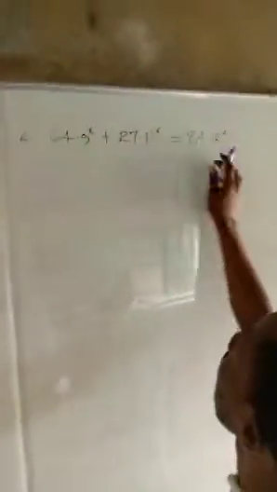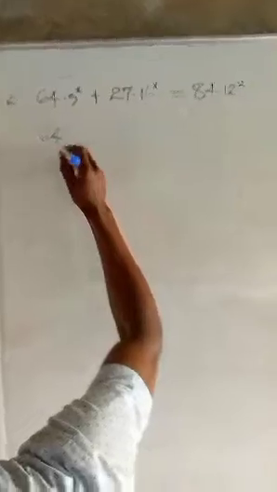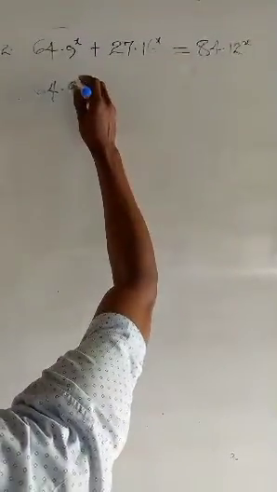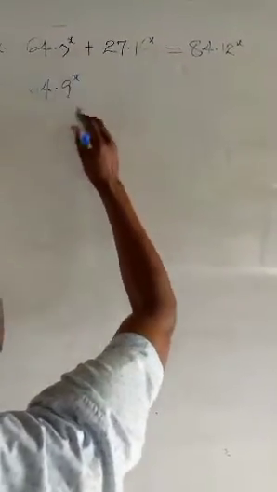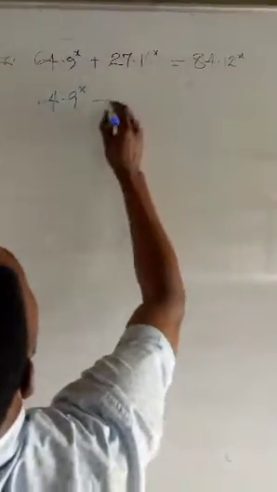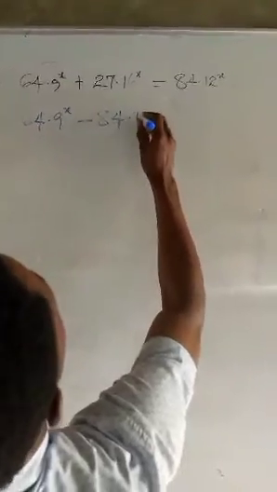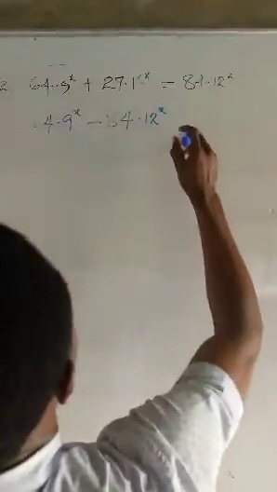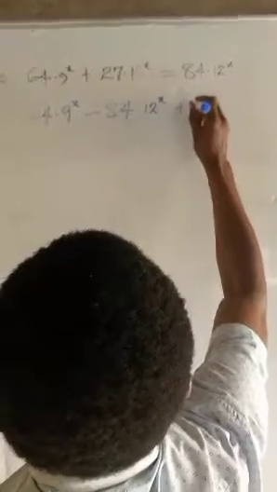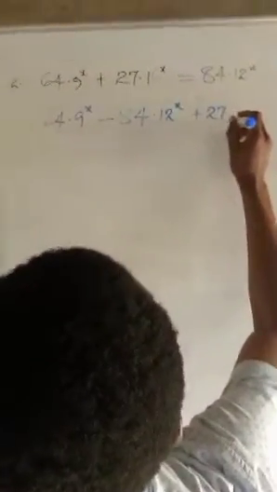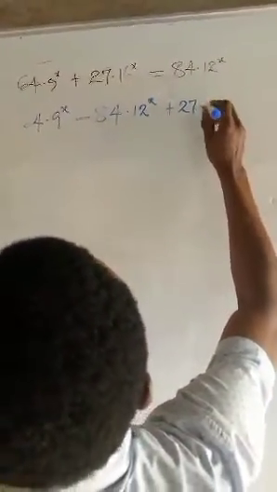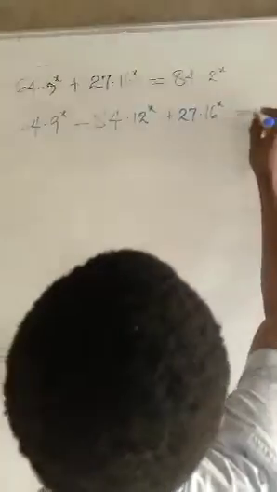Now question 2. You can see the patterns of this. So let's take this one to this side. So you can write 64 times 9 raised to power x minus 84 times 12 raised to power x plus 27 times 16 raised to power x, everything equal to 0.